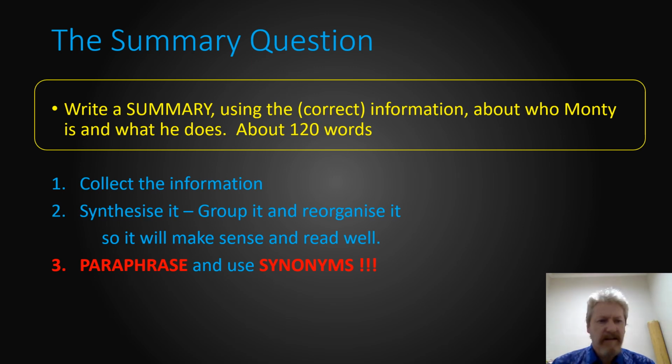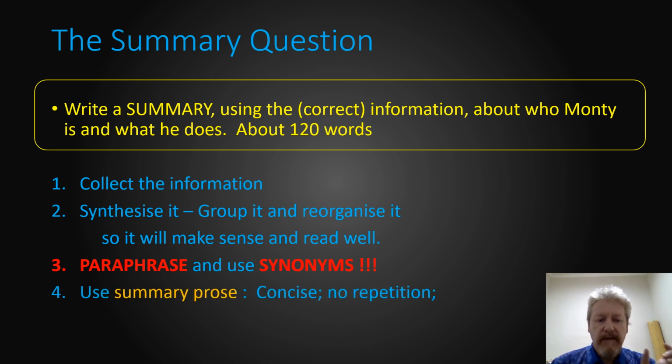Just as we saw in the last question about predatory instincts and things like that, I basically rewrote it just by using synonyms for everything. You mustn't be taking words from the text unless it's a proper noun, okay? You need to paraphrase, use synonyms. You should not have many words from the text. Once you finish writing it, if you actually count how many words have come from the text, if it's more than about 30 or 40%, then you probably haven't paraphrased enough, okay?